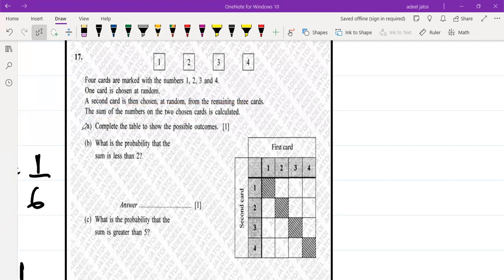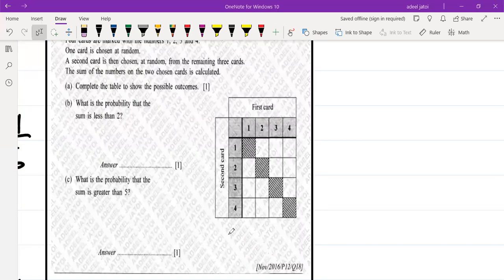Now, looking at the possibility diagram given in the past paper, this represents your first card and this represents your second card. If the first card is 1, you can't have the second card as 1, so you will not have any possible result here.